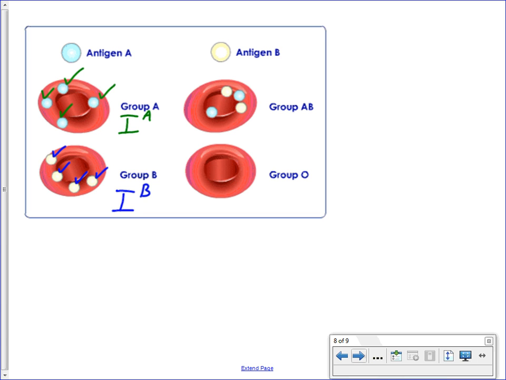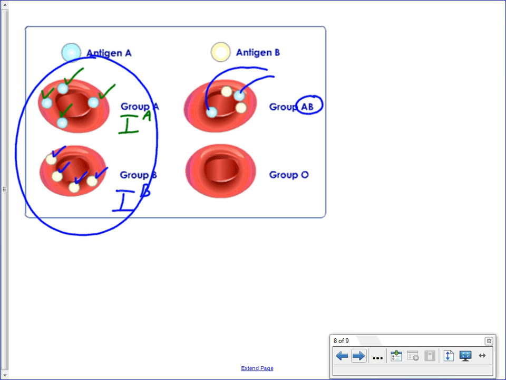So if someone is blood type AB, again, they don't have a mixture of these two. That is not the case. What they do have on every single one of their red blood cells is they do have this one here. So that was the A glycoprotein. And they also have these ones here.